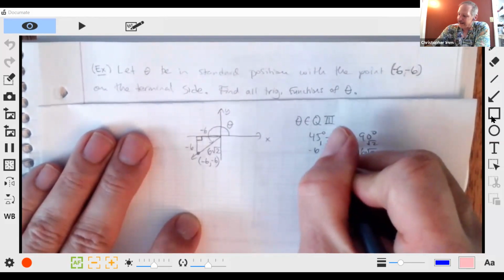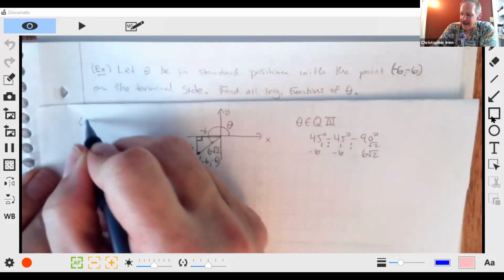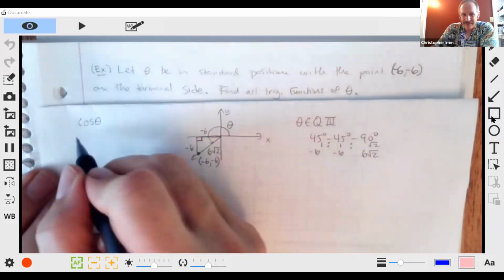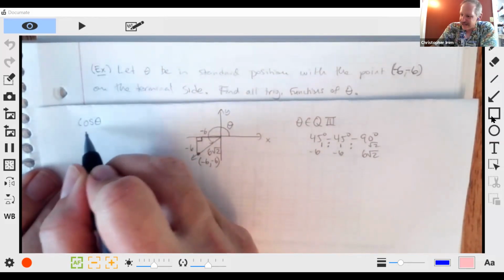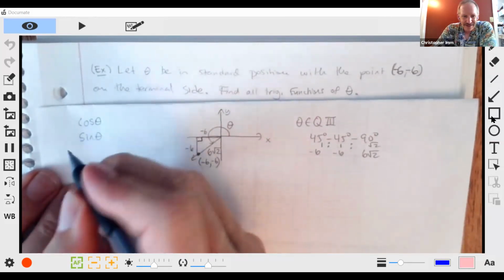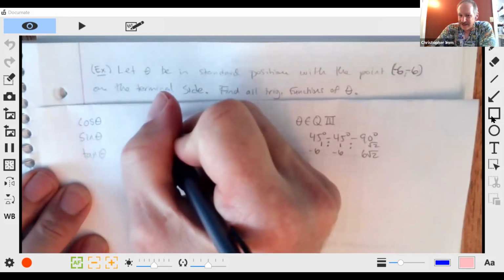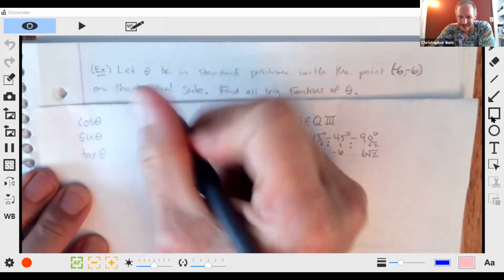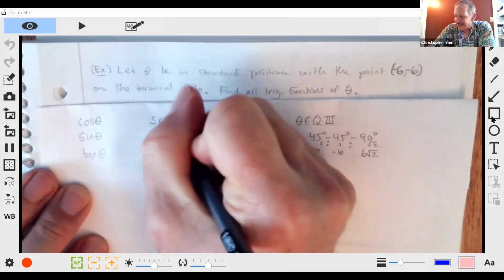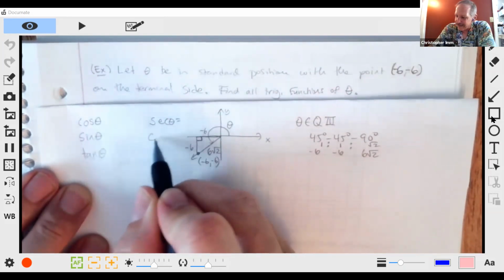Excellent. All right, so I'm going to put you on these. Kai, find cosine of theta, please. Cheng, I'll have you find sine of theta. Cole, I'll have you find tangent theta. Caleb, I'll have you find secant theta. Nicholas, I'll have you find cosecant theta.